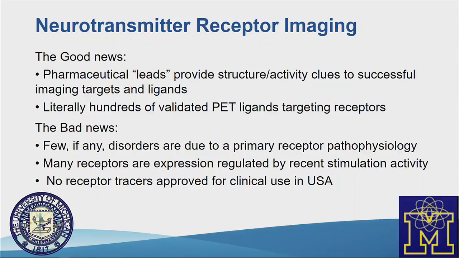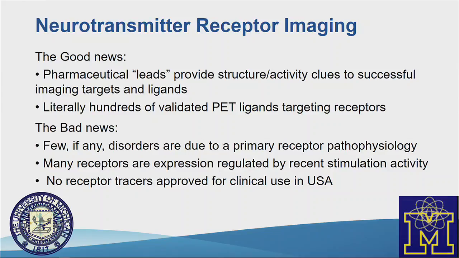And then the other problem that we've encountered, particularly with those metabotropic receptors, the G protein linked guys, is that they tend to alter their expressed levels according to recent levels of stimulatory activity. So they downregulate when overstimulated, they upregulate when denervated, and so the actual number of receptor binding sites is not a simple relationship to the integrity of the nerve terminal.